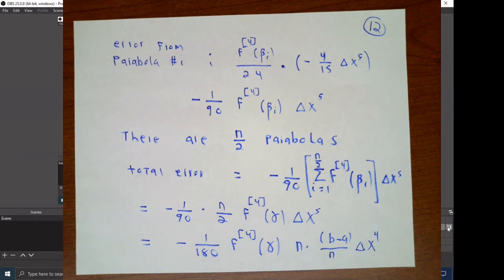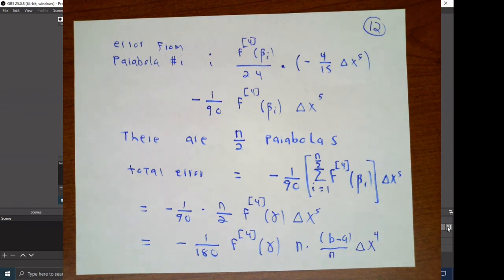In our previous methods, there was one point that we looked at per subinterval, but we're doing something a little bit differently here. We have n subintervals, but we need 2 to make one of these quadratic interpolations.